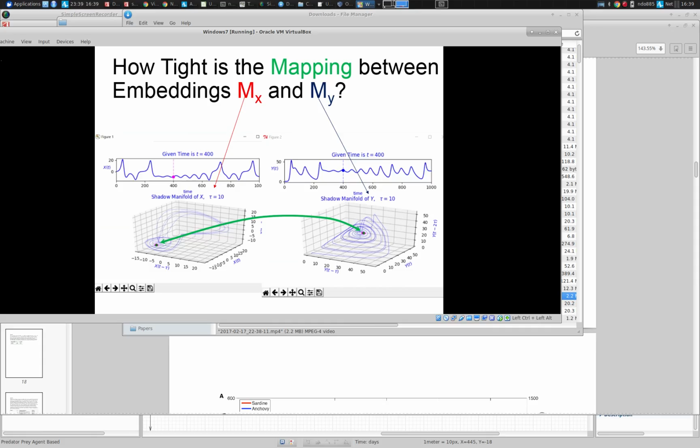So if from a reconstruction of x you can get a very high correlation with the values of y, you predict values of y using these surrounding points, and then you test what the value of y is for the index point. It turns out that allows you to come up with a number, a correlation, which as you increase the size of the time series will tell you how tight is the coupling.